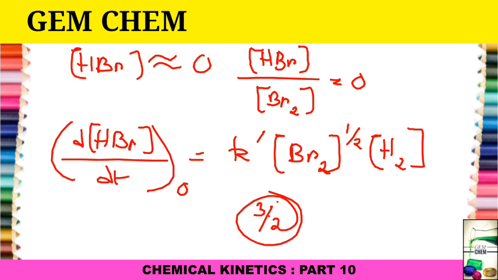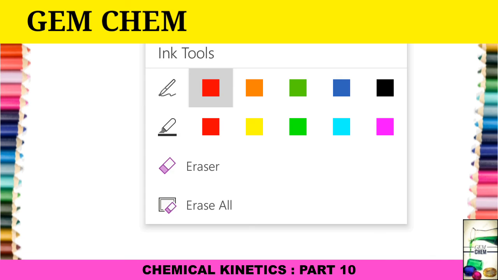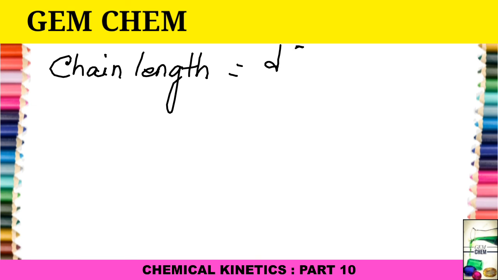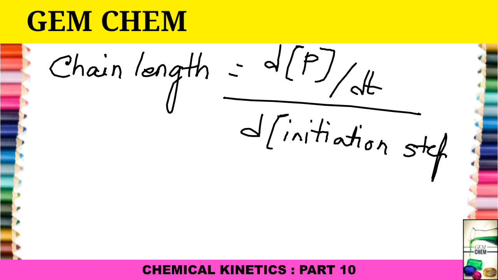Now an important thing which we need to learn in this case is the chain length. A new term which is known as chain length. It is actually equal to d product by dt divided by d initiation step by dt. Right? So d product by dt, we have already obtained it.